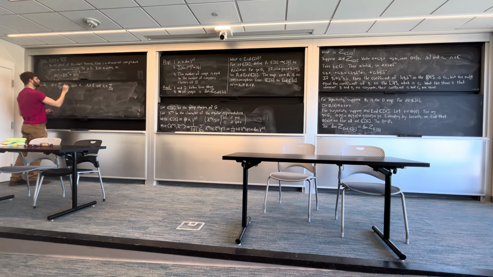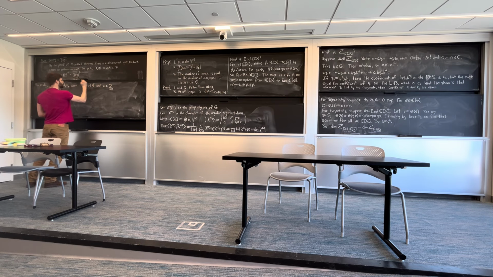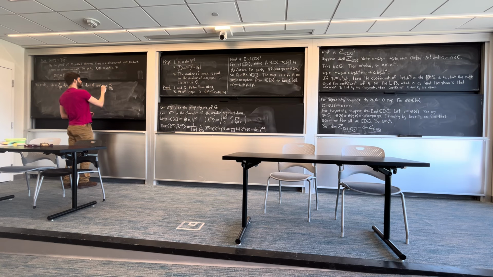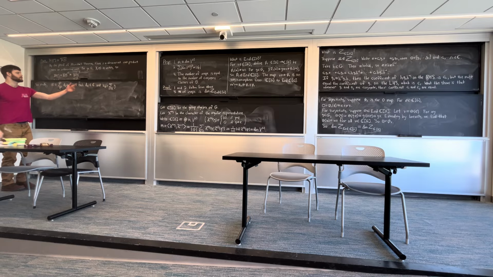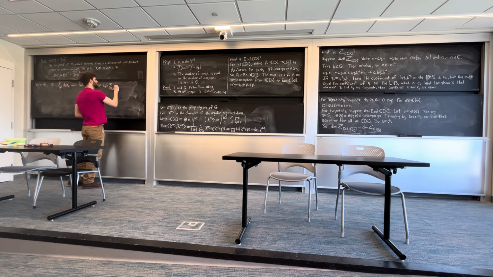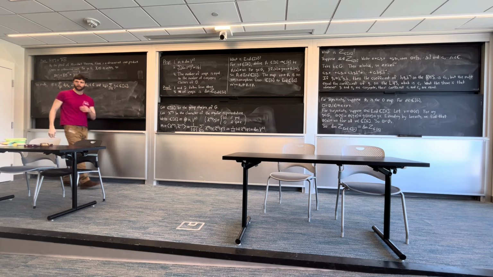I kind of like this better, where each dk is some scalar, and zk is just the sum of the elements of that conjugacy class viewed as an element of the group algebra.